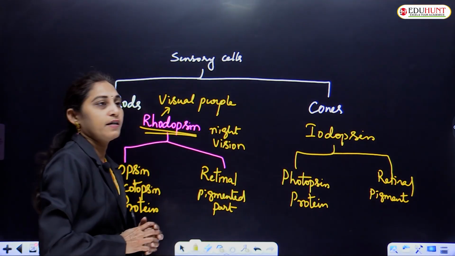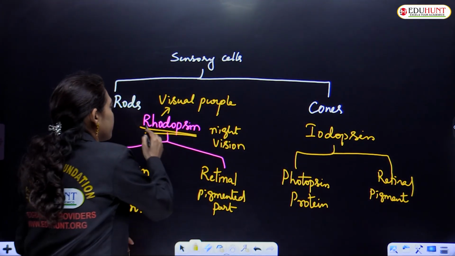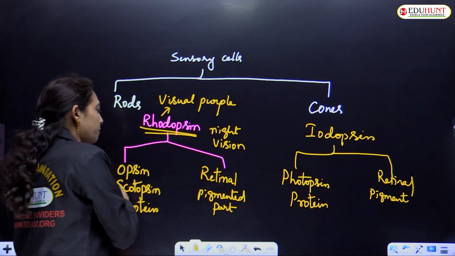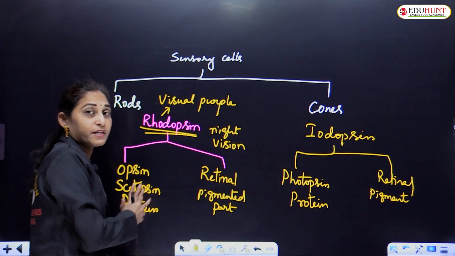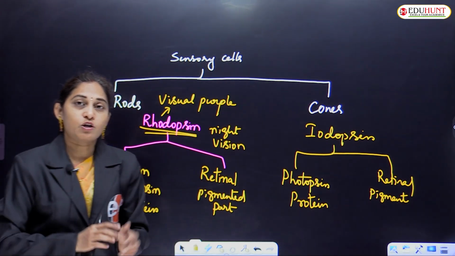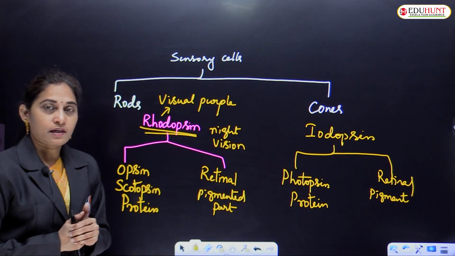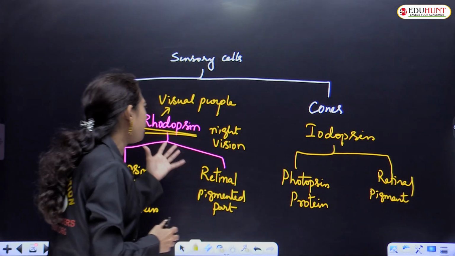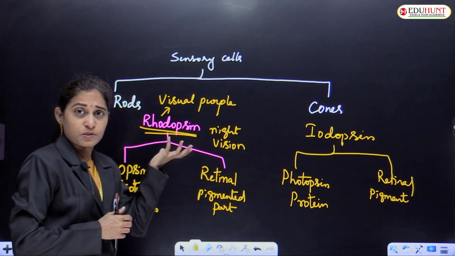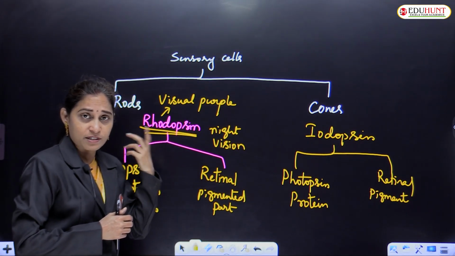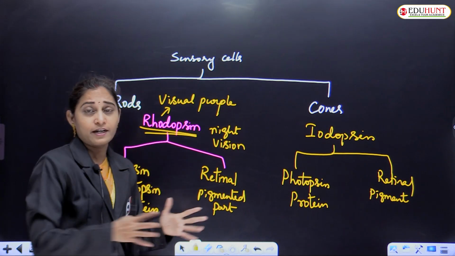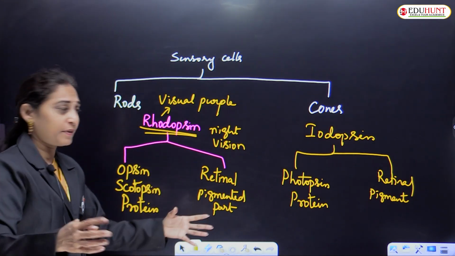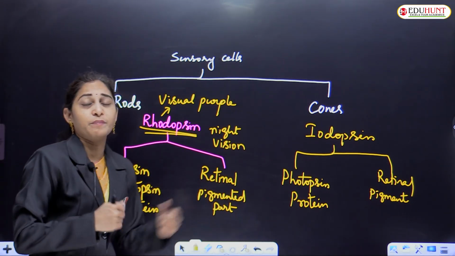Anyway, during daytime, rhodopsin undergoes decomposition. The opsin, the protein part, separates from the pigment. This decomposition causes a change in the chemical structure. Rhodopsin is a chemical compound, and in presence of light it undergoes degradation, causing chemical changes, that is, the compound splits into the protein part and the pigmented part.